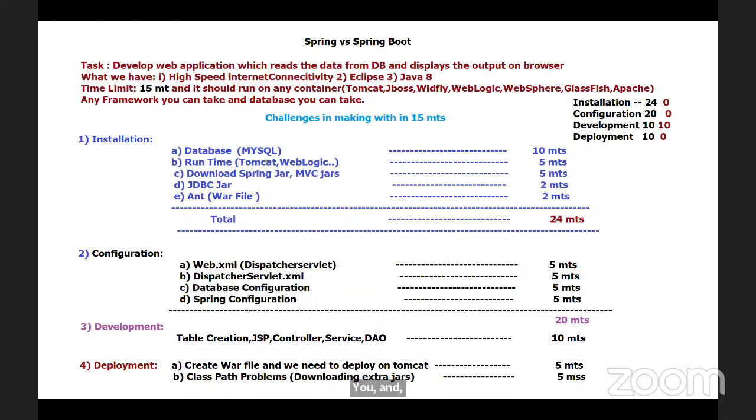If it is Java, Java-related servers; if .NET, only IIS, because we don't have another option. So my idea is, we are Java guys, okay? In Java, we have a lot of things: Tomcat, JBoss, WildFly, WebLogic, WebSphere, GlassFish, Apache, anything. There are lots of others I didn't list here, but these are the popular ones.